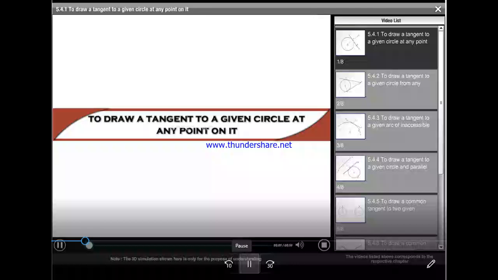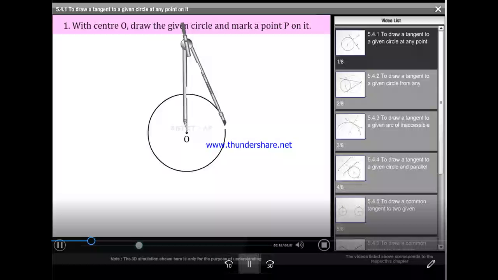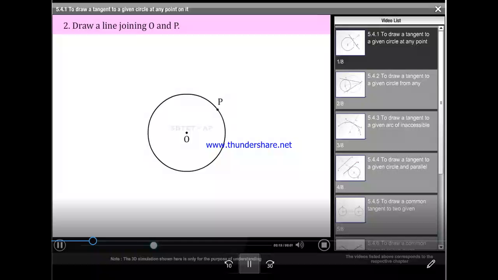To draw a tangent to a given circle at any point on it. With center O, draw the given circle and mark a point P on it. Draw a line joining O and P. Produce OP to Q so that PQ is equal to OP.